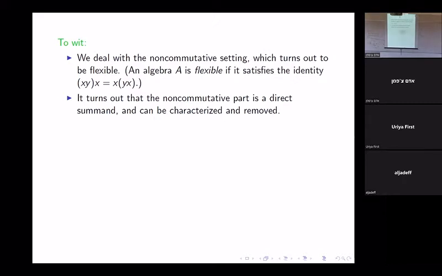So we'll deal with the non-commutative setting, which is flexible, that you have to prove. And it turns out that the non-commutative part of A is a direct summand, and we can characterize those. So we can just remove that. And so that brings us back to the commutative case.